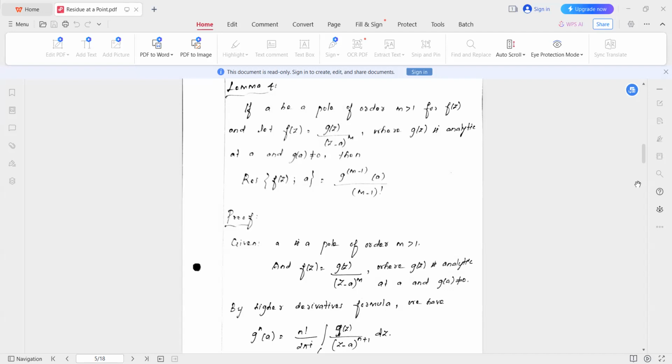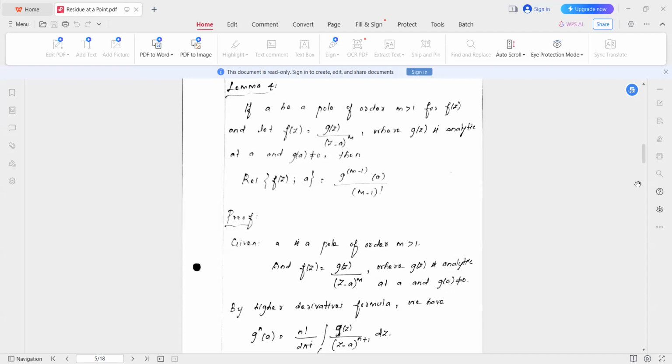In the last three videos, we have seen the formula to find the residue of the function f of z at a point A if A is a simple pole. Now this lemma is for a pole of order greater than 1.